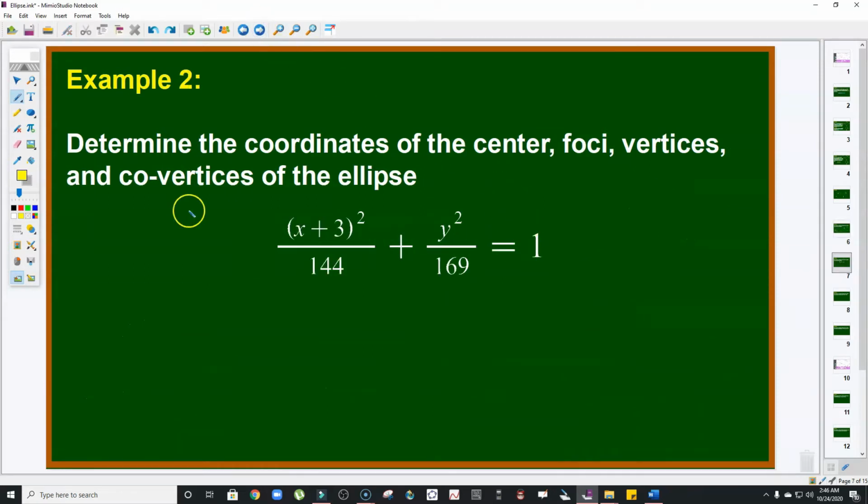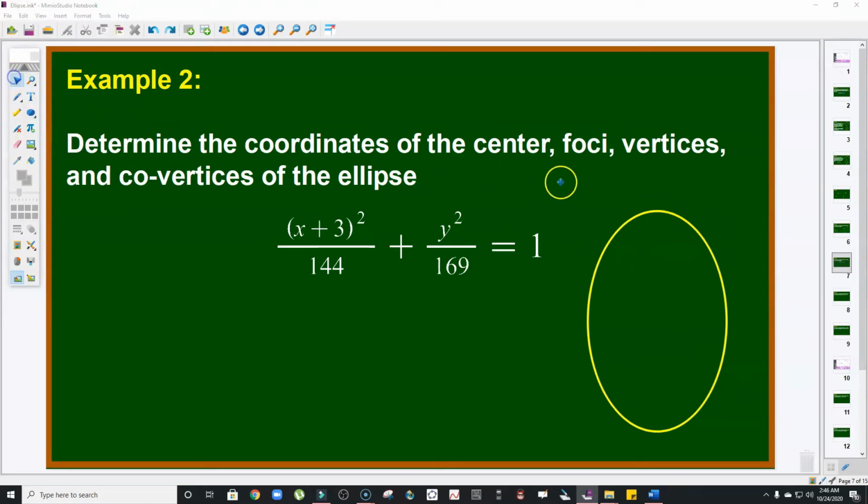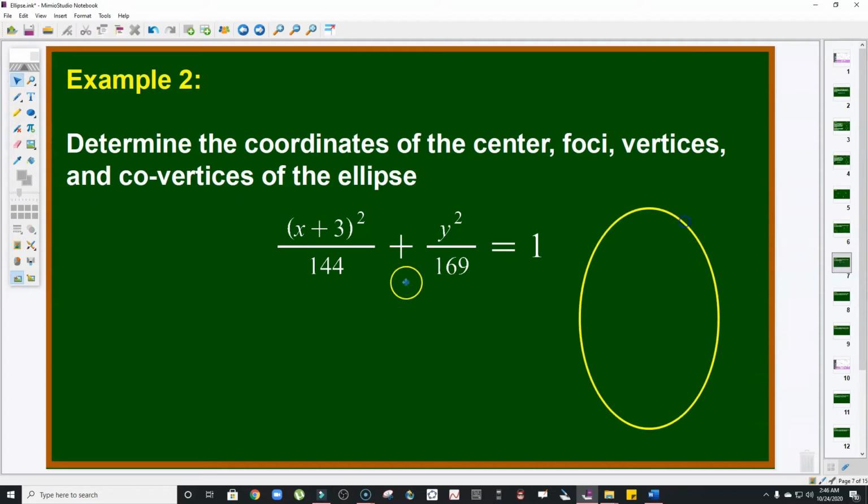Now, like what we did in the previous problem, let's observe the equation. So notice, the denominator of y squared is larger than that of x squared. So it implies the orientation of our ellipse is vertical, the major axis, as shown. See that? Okay.